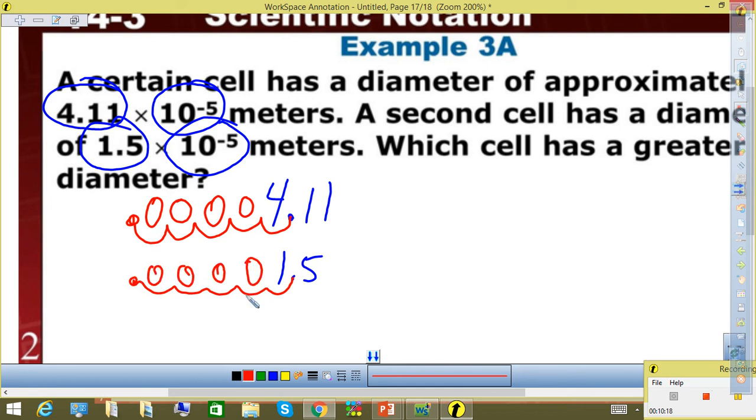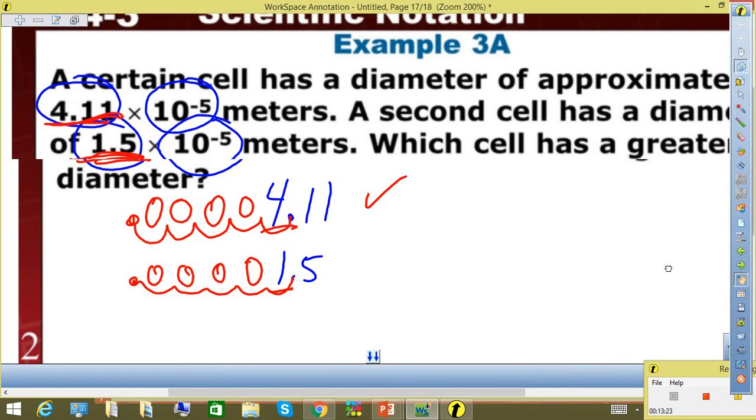Notice that they have the same amount of zeros in front. Therefore, it's asking, which cell has a greater diameter? Which number is greater, the 4 or the 1? Everyone? The 4 is greater, so this one's the greatest. So what can we conclude? That if they have the same base 10, you just look at the decimal number and you go with the biggest one. Everyone understand so far?